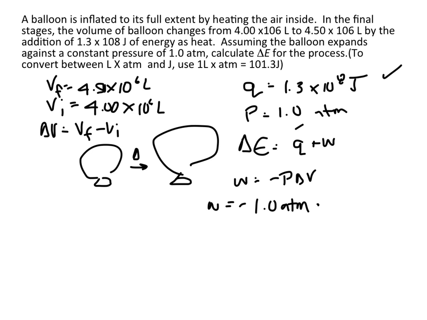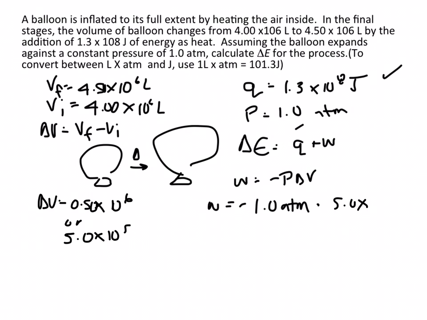That is going to give us a value of 0.5 times 10 to the 6th, or 5.0 times 10 to the 5th for our delta V value. And we're going to plug this in here. So our work value is going to be negative 5.0 times 10 to the 5th liters times atm.